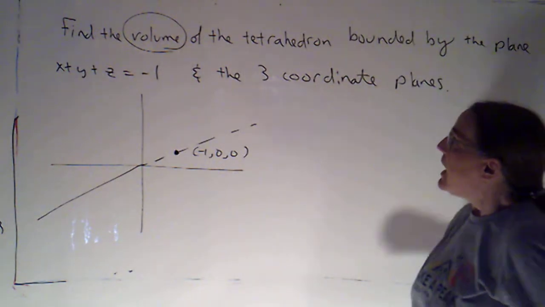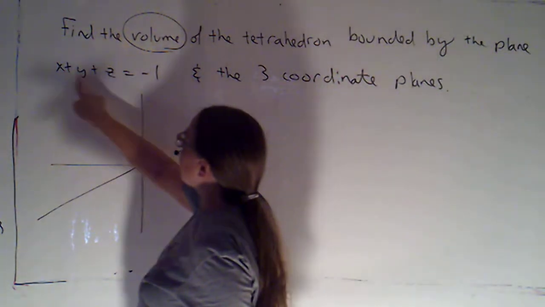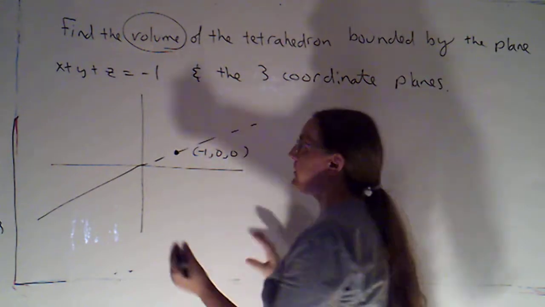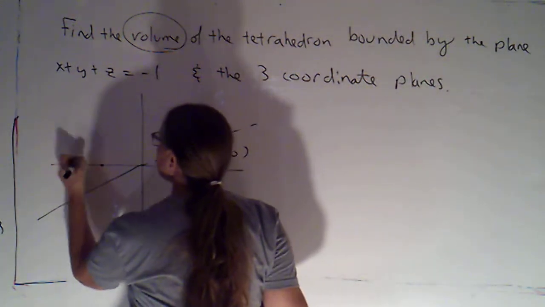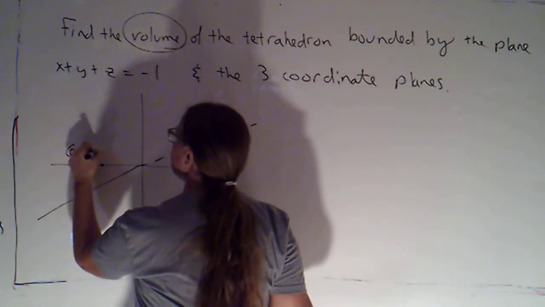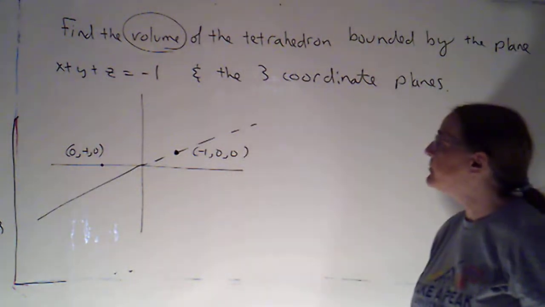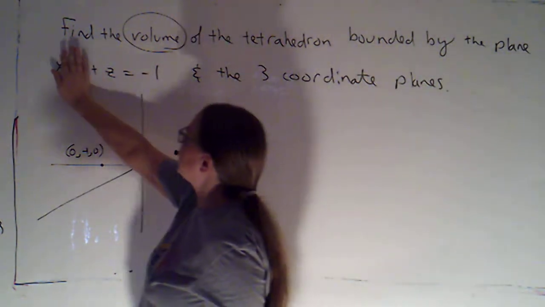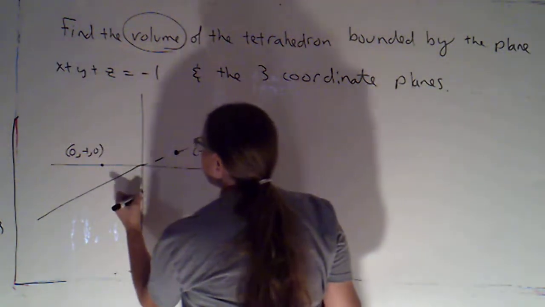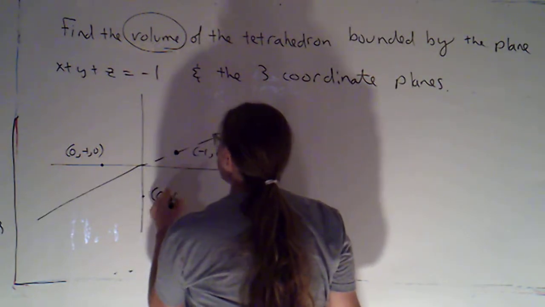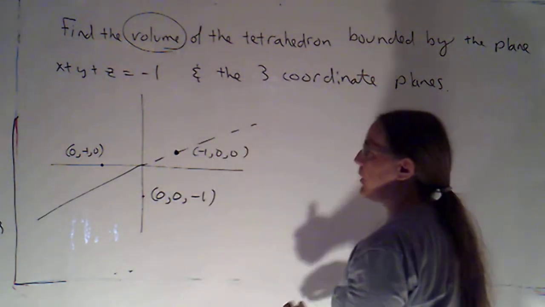Okay. And then it'll intersect the y-axis when x and z are 0, so that would make y -1. So that's going to be this point 0, -1, 0. And then we'll intersect the z-axis when x and y are 0. So that's going to be 0, 0, -1.